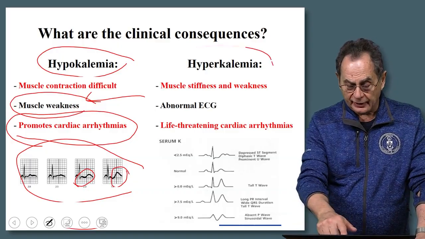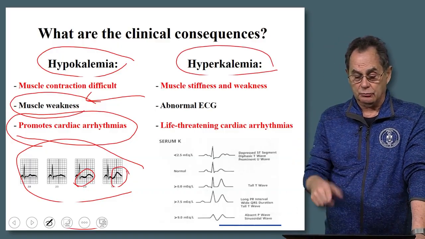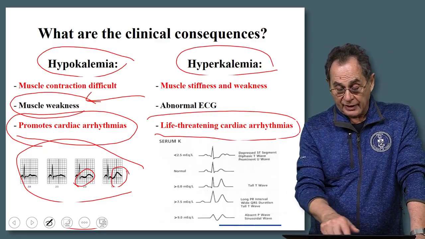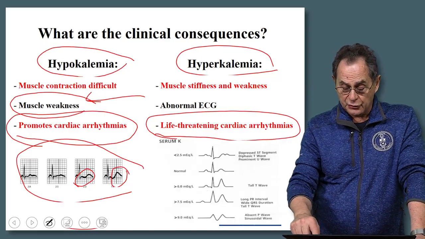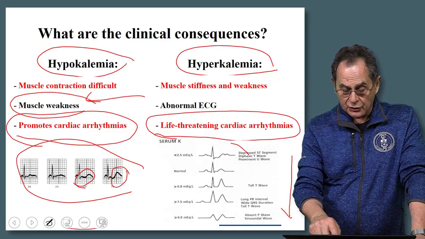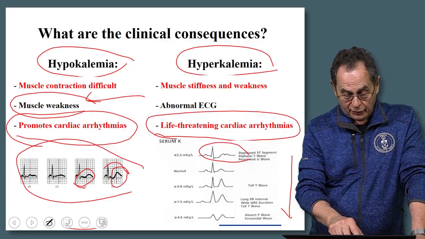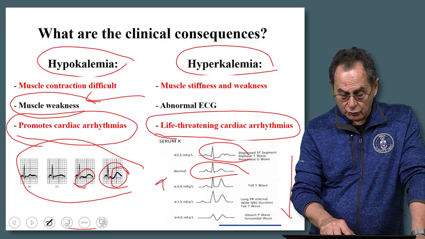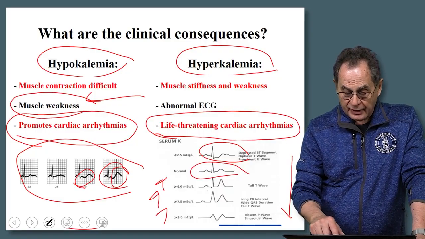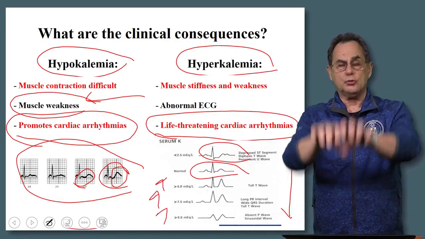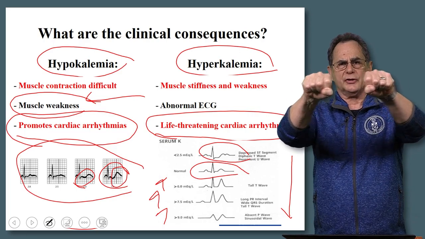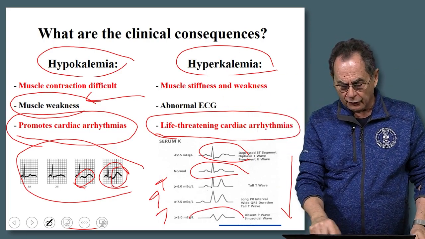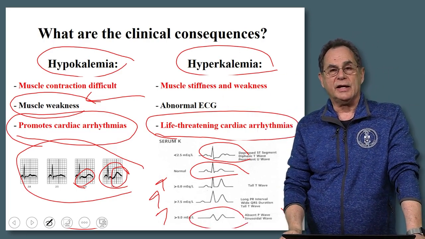Now, hyperkalemia does the opposite. It is associated with life-threatening cardiac arrhythmias, but here's the progression. This is the low potassium, very similar to here. Here's normal potassium, and as the potassium concentration rises, the EKG tends to flatten. It's like you took the EKG and you pulled it like a string, and all of a sudden you've got a very flat EKG.